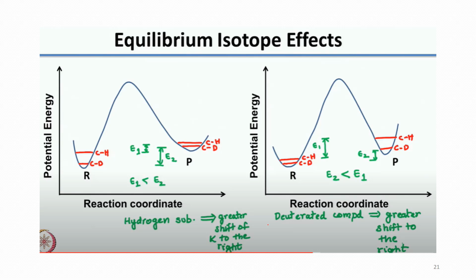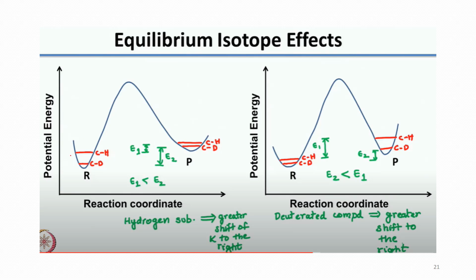Suppose a reaction where both bond energies get reduced, but the CH bond gets reduced to a greater extent than that of the CD. So the energy difference between CH and CD gets reduced. In that case, the hydrogenated substrate will react at a faster rate than that of the CD.